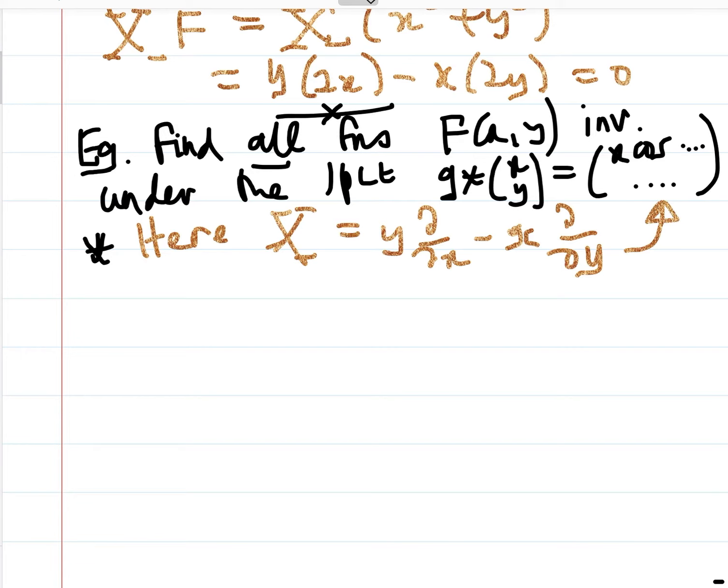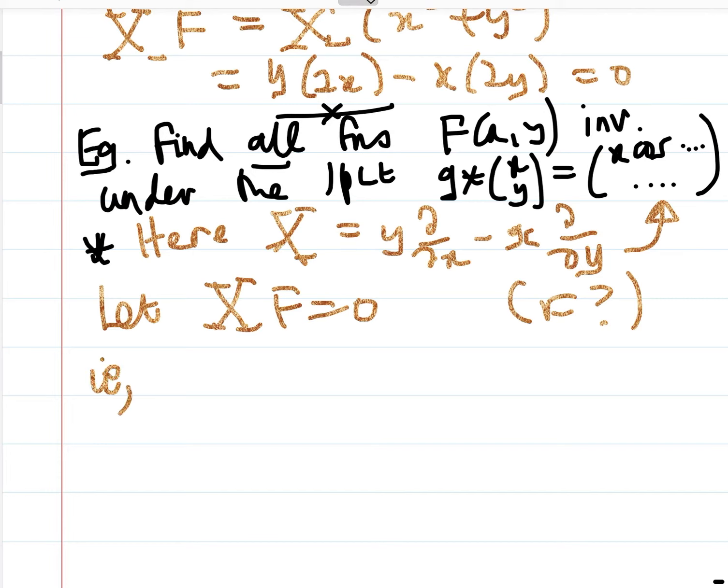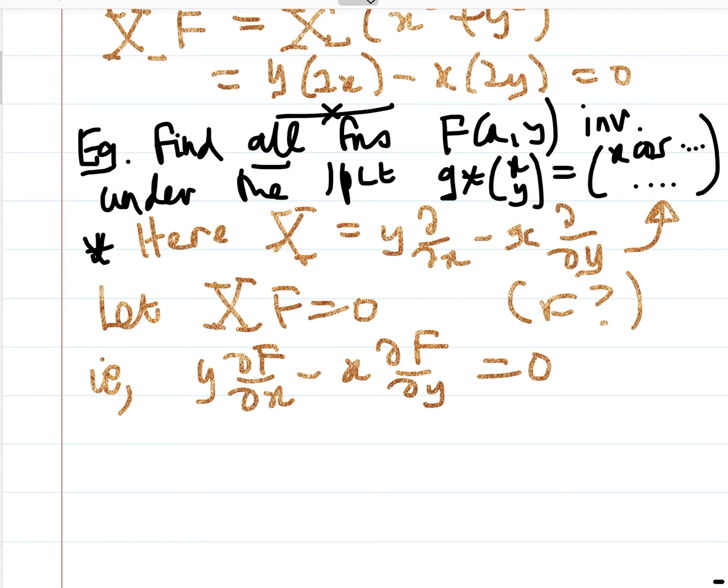This is the vector field corresponding to that one parameter Lie group of transformation. So if a function f is invariant under X, then since f is unknown, we need to solve for that. So let X on f equal 0 and solve for f, i.e. this will be y df/dx minus x df/dy equals 0, and we solve for f in this first order linear partial differential equation.